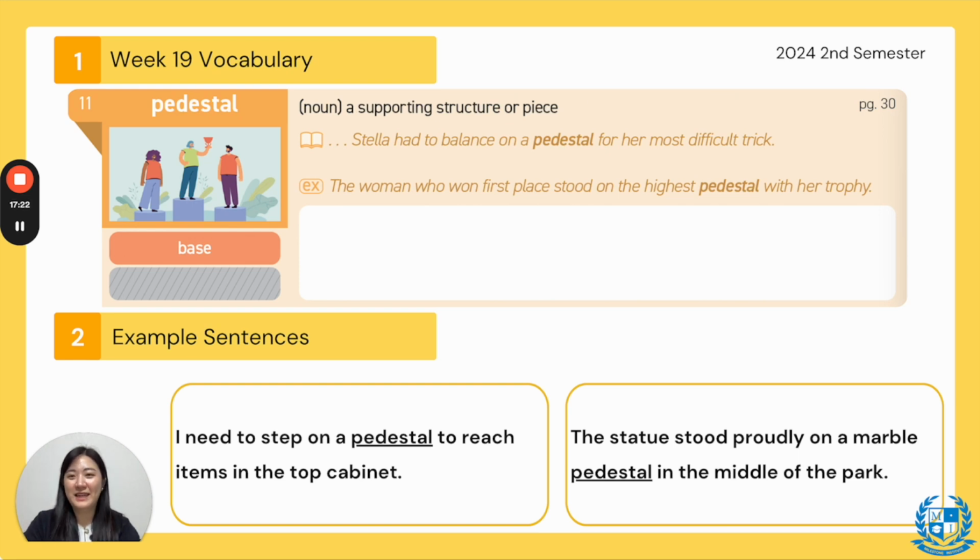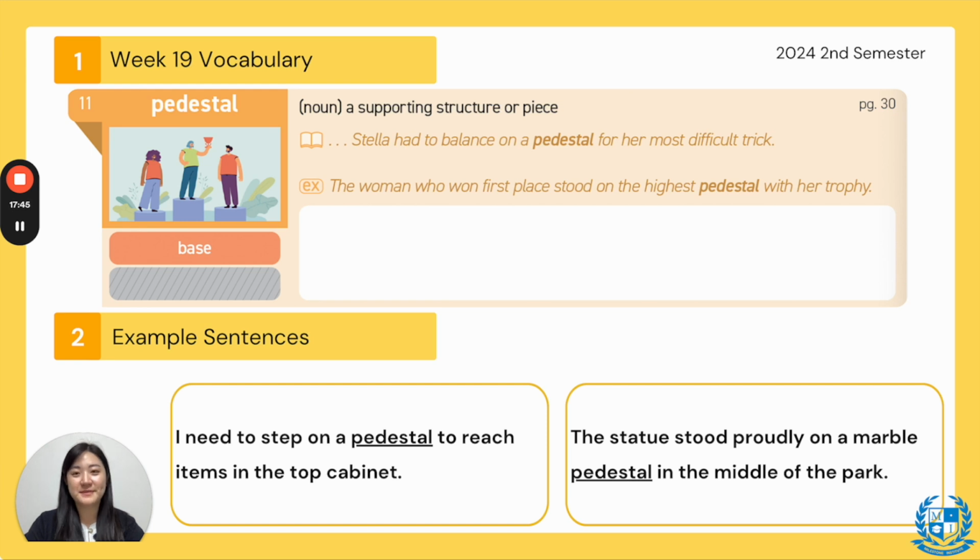Number 11, everyone say pedestal. Pedestal. The synonym is base, and the part of speech is a noun. It means a supporting structure or piece. So if you see in the picture above, the blue boxes at the bottom, those are pedestals, something you step on in order to see higher or stand up taller.